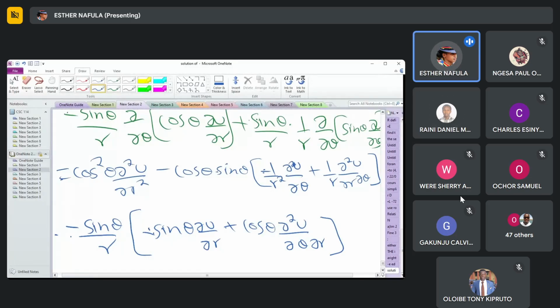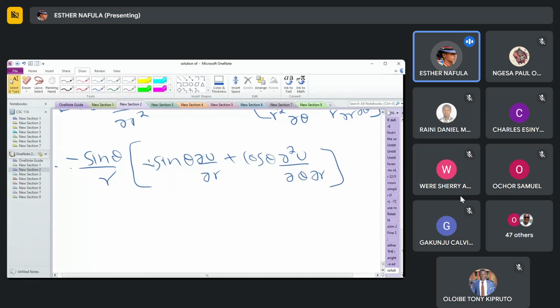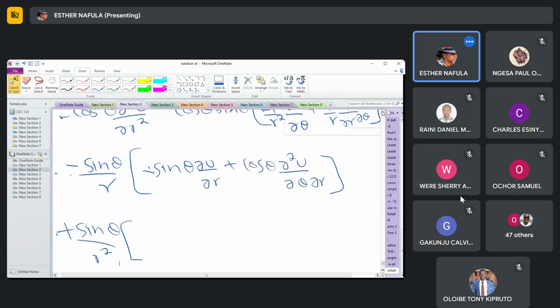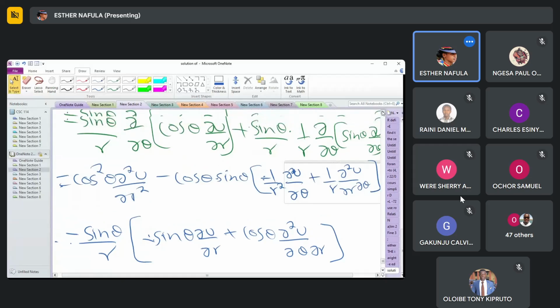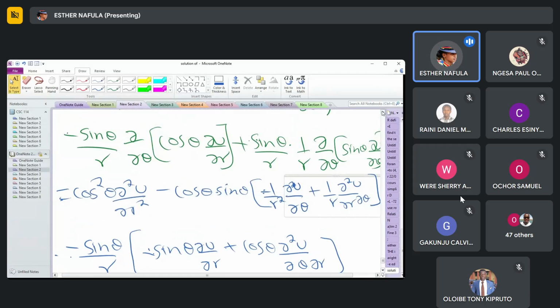Move to the last bracket. We have sin theta over r squared outside, plus sin theta over r squared into, if you apply the product rule, let me scroll up just a little bit. We are differentiating sin theta partial u partial theta with respect to theta.